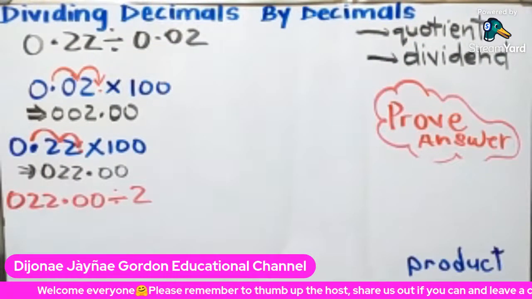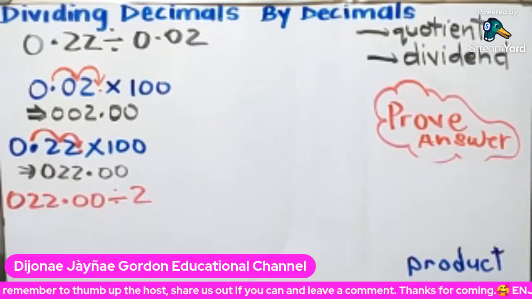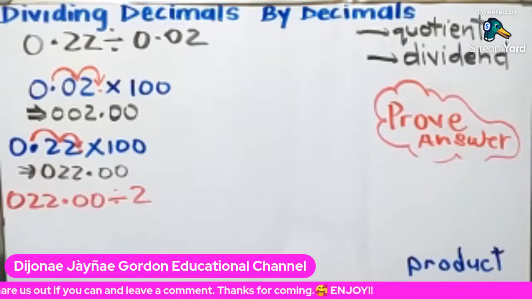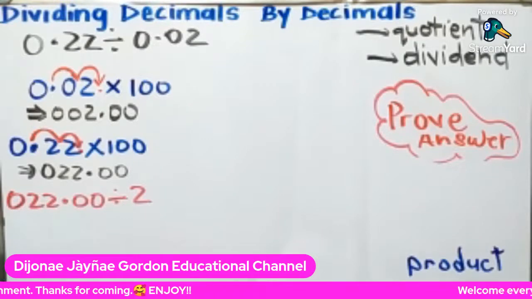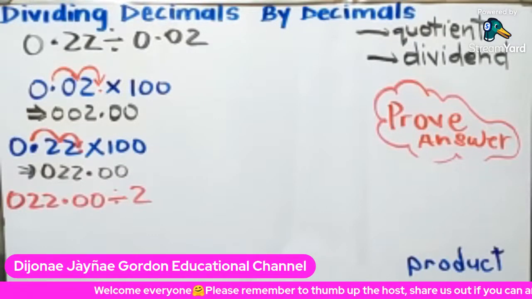Remember, when you are dividing decimal by decimal, you change your divisor from decimal to whole number, and whatever power of 10 you use to do that, you use the same power of 10 to multiply your dividend. Let's go right ahead and solve this problem.